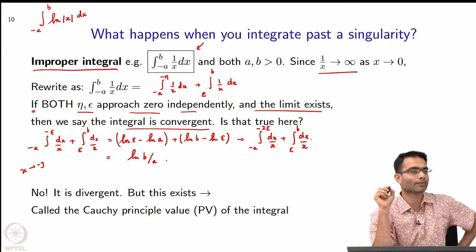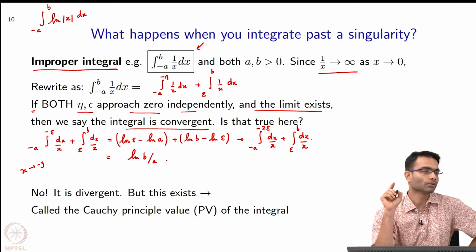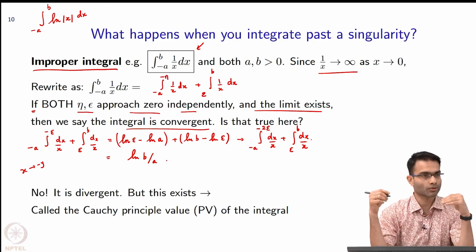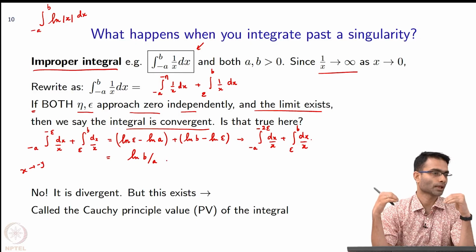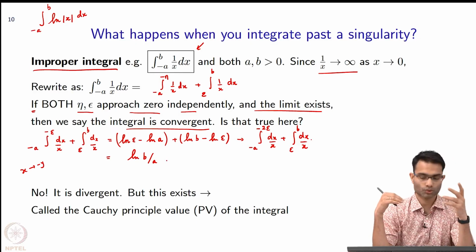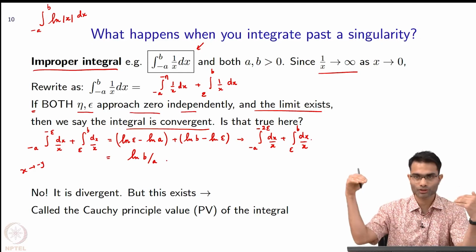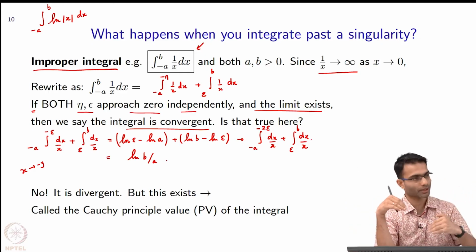So, eta I am calling as 2 epsilon. Now, eta is approaching 0 faster than epsilon, at twice the rate.